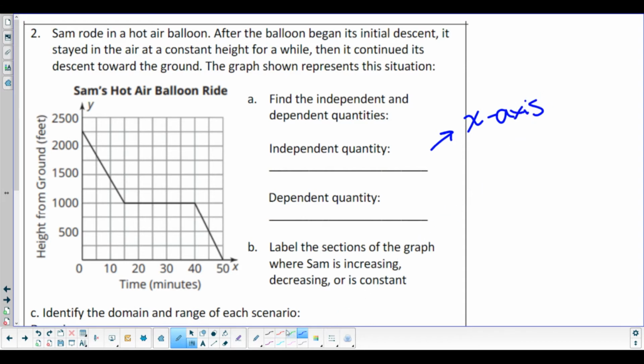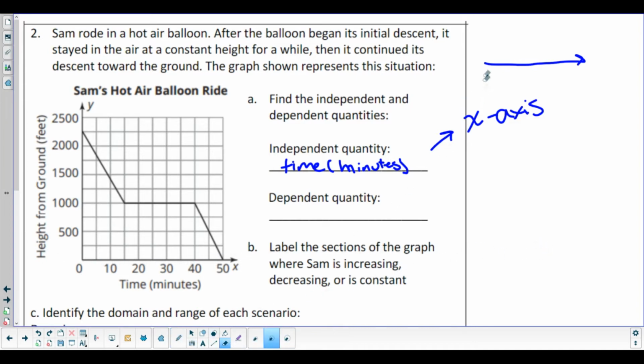The way I like to think about it is, and this is a good example, we have time here as our independent quantity, and it's time in minutes, I guess. But if you think about time, time always moves forward, right? We can't ever stop time from moving forward. And so I think it makes sense to go on the x-axis, always moving forward.